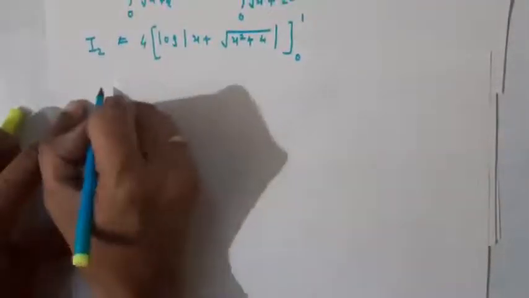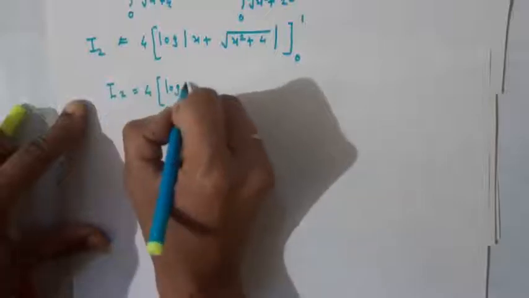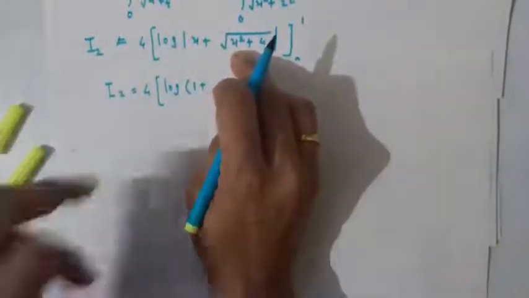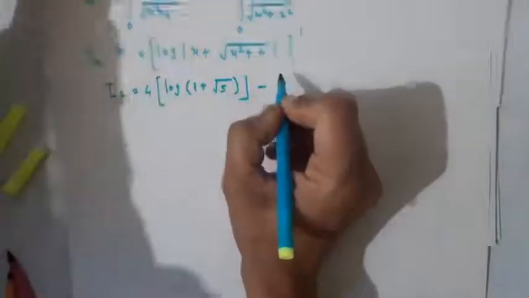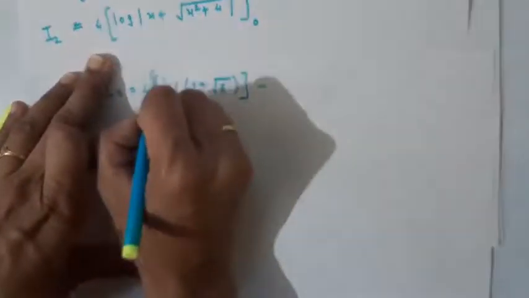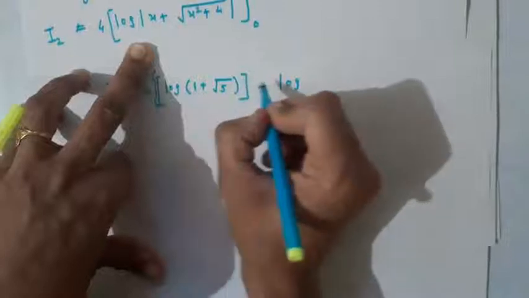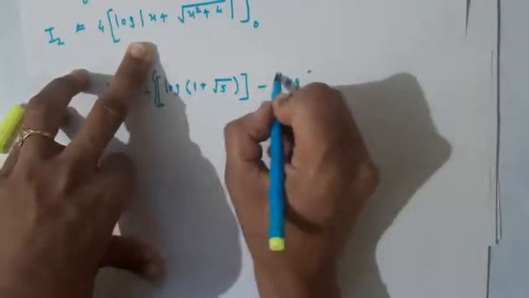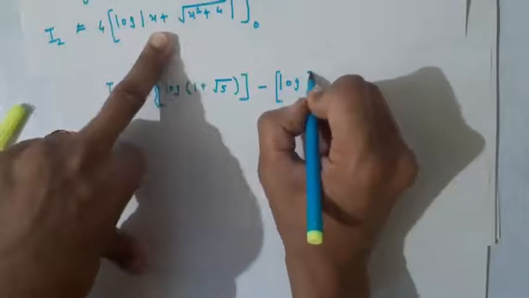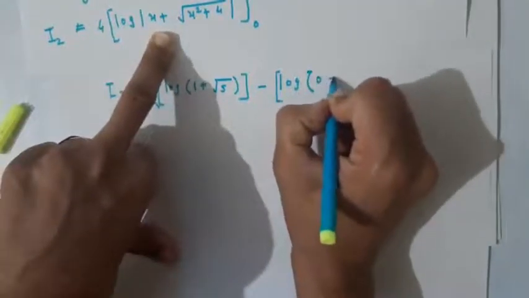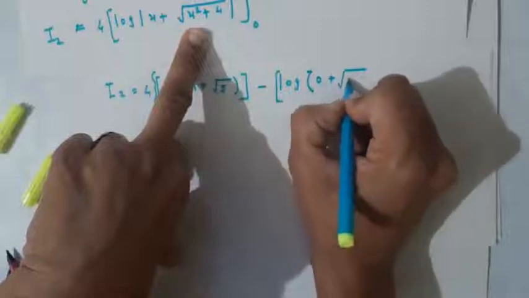So integration I2 equals 4 into log of 1 plus square root of 1 plus 4, that is 5, okay, minus log of, now the lower limit is 0, so 0 plus square root of 0 plus 4, that is 2.